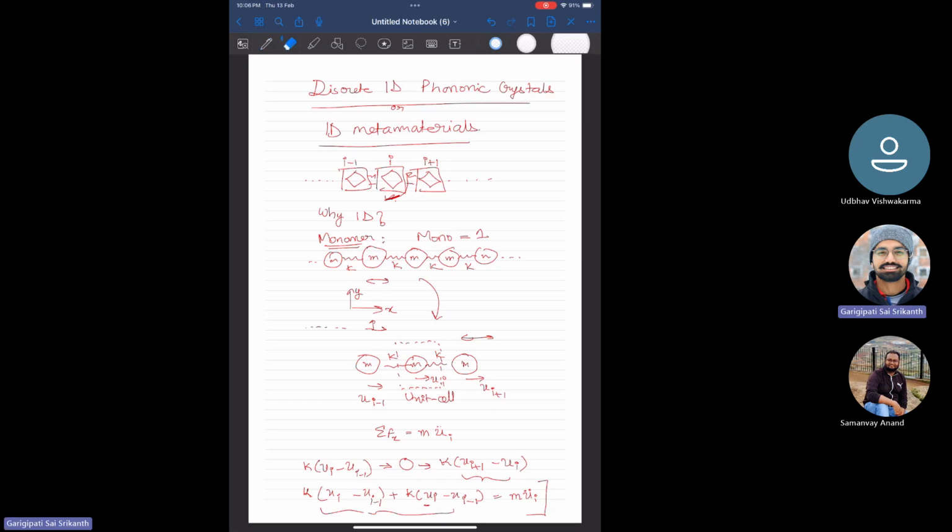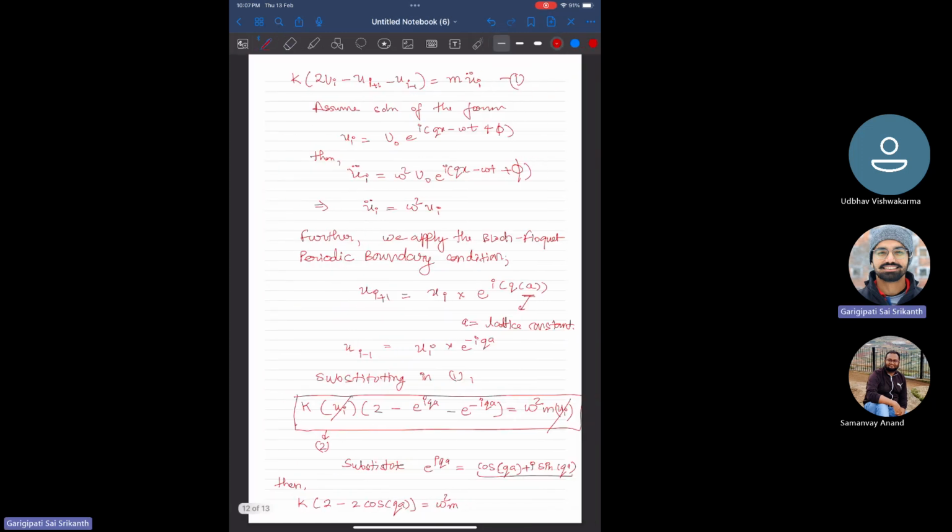Net force is equal to mass times acceleration. This consists of terms such as u of i, the displacement of the unit cell, and these are the adjacent unit cells.